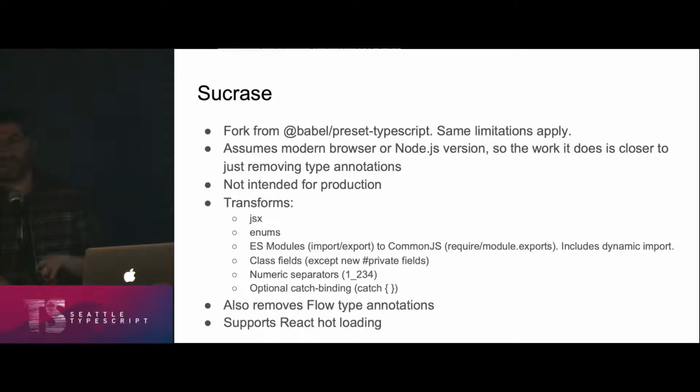But the difference here, and the reason why it's faster, is that it assumes that you're using a modern browser or a modern Node.js version, which means it has to do a lot less to transpile to older versions. It essentially tries to literally remove type annotations. It doesn't need to decide, oh, but what version are you using? Let me transform this new syntax into the old way of doing things.